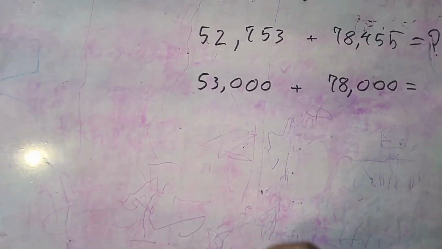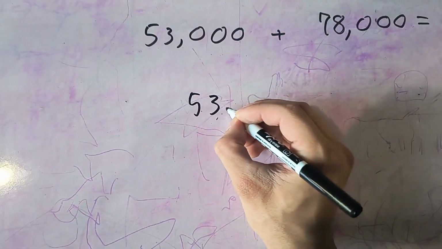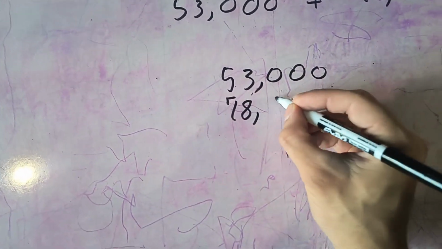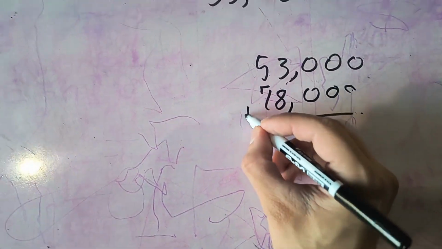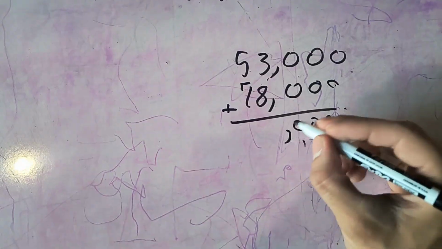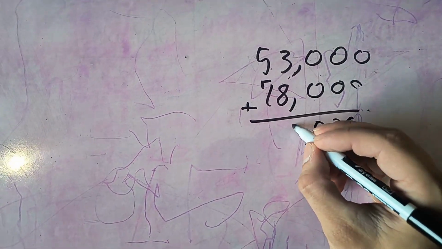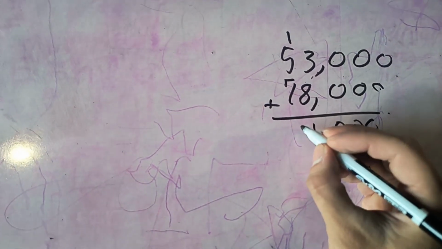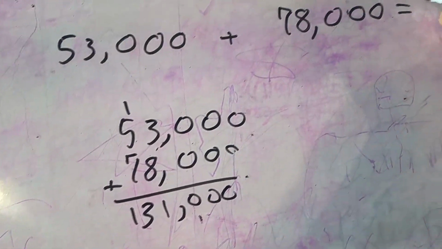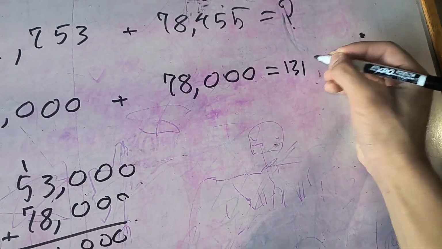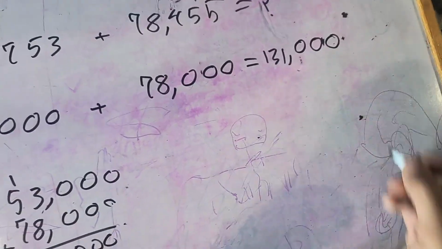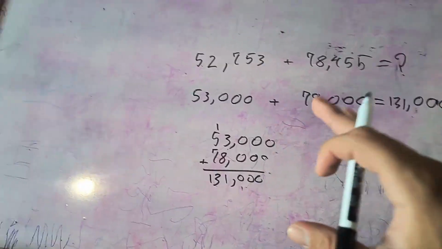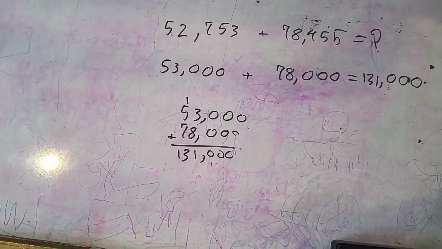We would add this together, which is, if we do it the vertical column way, like this, 0, 0, 0, comma, 11. 5 plus 7 is 12, plus 1 is 13. So this would be the estimated sum. Estimated sum, not the accurate sum, not the exact sum. This would be the estimated sum if we rounded it to the thousands place.